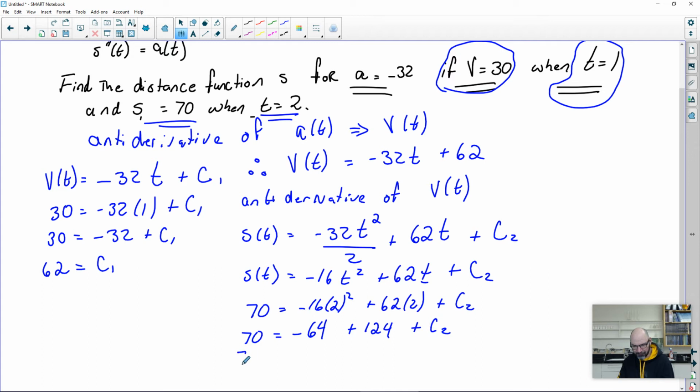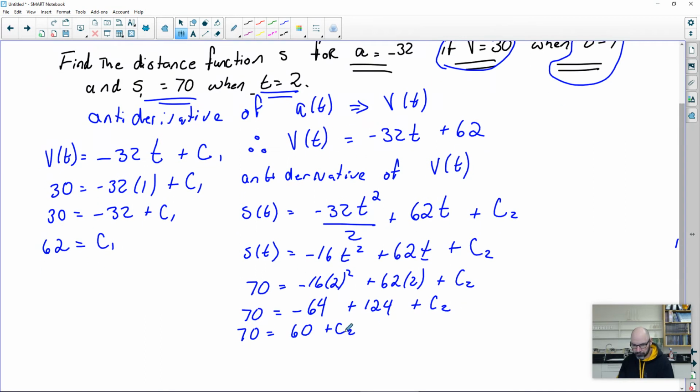So this would be 70 equals 60 plus C2. And if we do the math on that, subtract 60 from both sides, 10 equals C2.